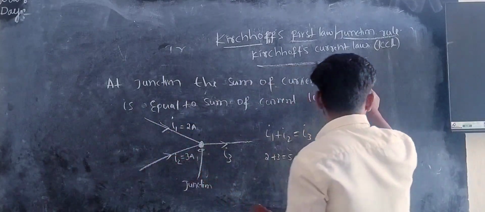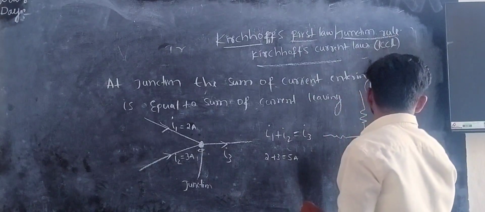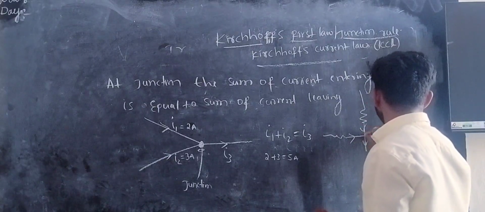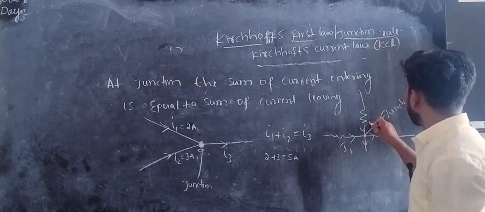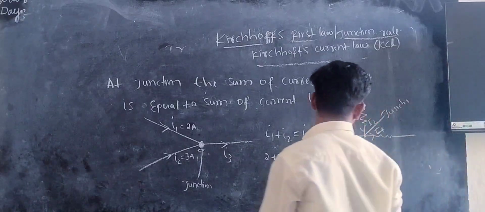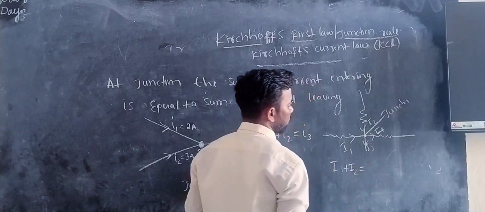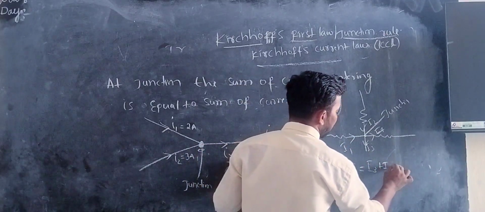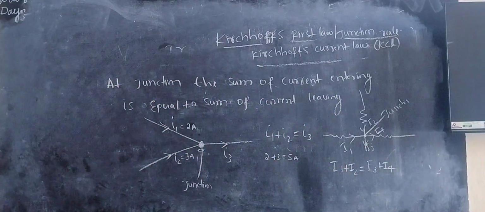Let us take another case: entering, leaving, this is the junction. I1, I2, I3, I4. Now tell me, I1 plus I2 is equal to I3 plus I4. Understood?